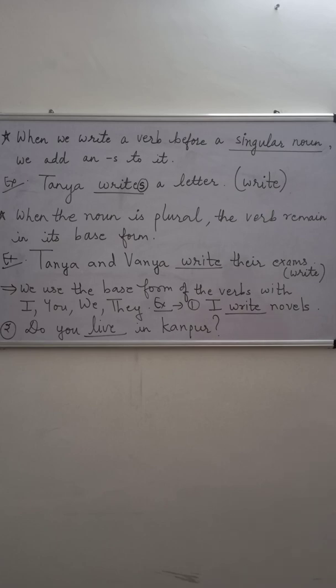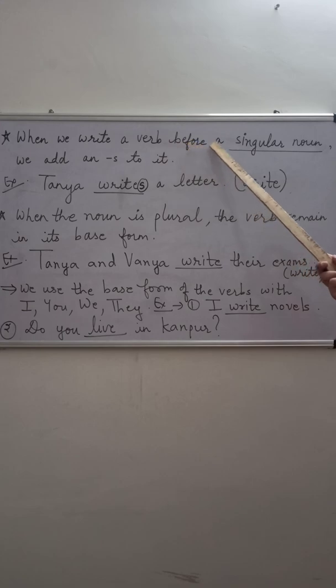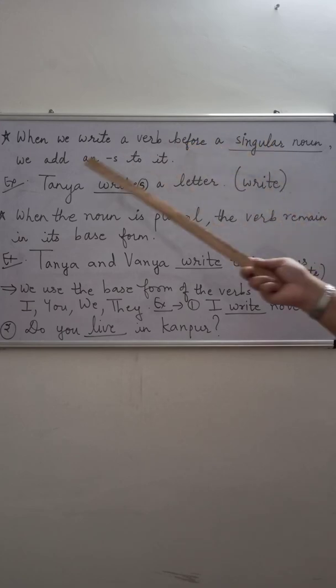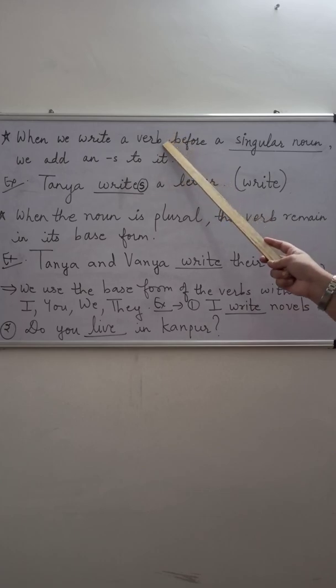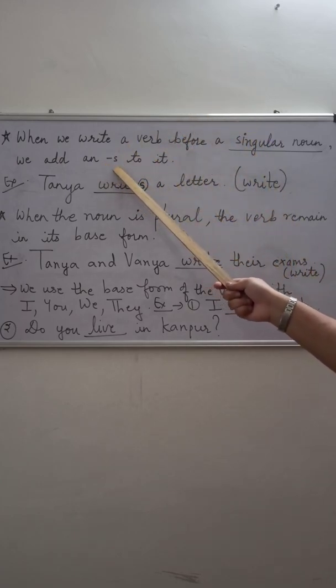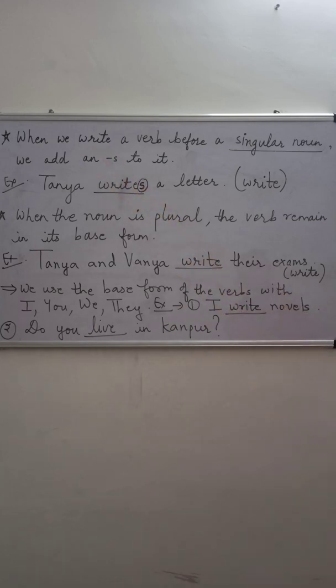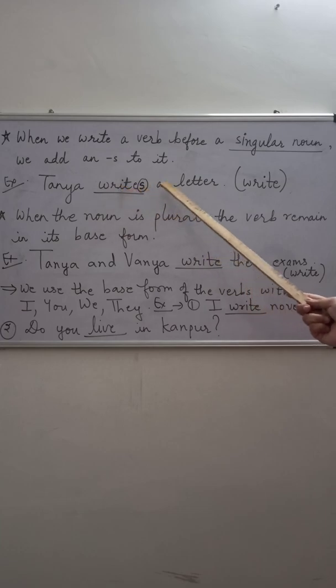Now let us see how to write a verb in its simple present tense form. When we write a verb before a singular noun, we add an S to it. So if we are writing a verb before a singular noun, we always add an S to it. For example, see, Tanya dash a letter.